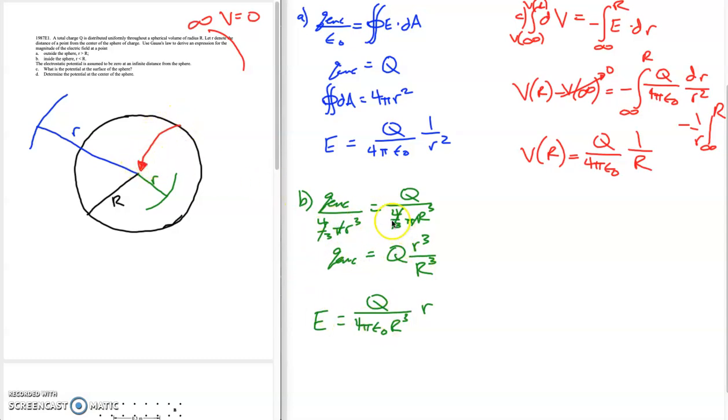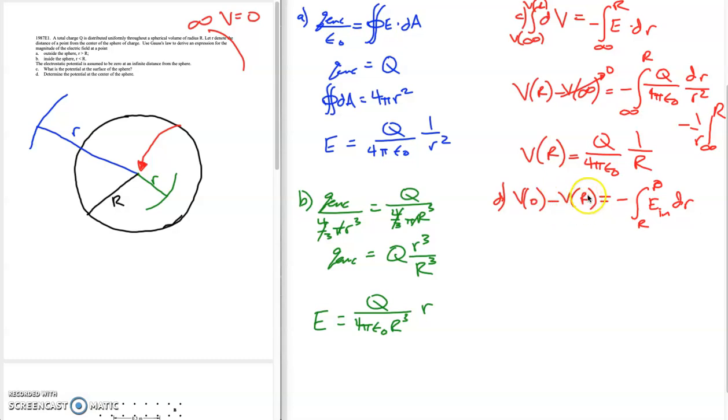Which means that for the inside integral, we're going to have to use our answer from B. So for part D, we're going to do V at 0 minus V at R is equal to the integral from R to little r of E inside dr. And by little r here, I mean 0. That 0 and that 0 need to be the same.